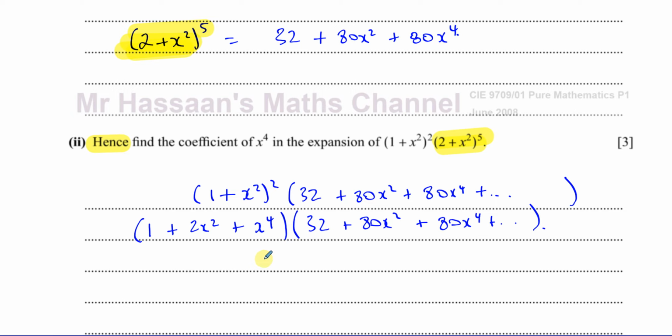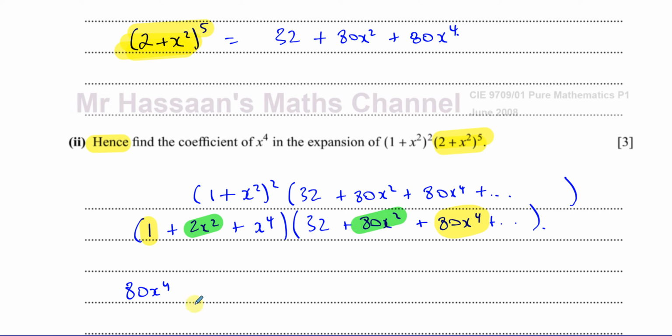So now we got to think about what terms multiply together to give us the x to the power 4 coefficient. So what we can do is, you can see here, if I multiply 1 by 80x to the power 4, I'm going to get something with x to the power 4. So I have 80x to the power 4, and then if I multiply this with the x squared term, x squared times x squared is going to give us x to the power 4.